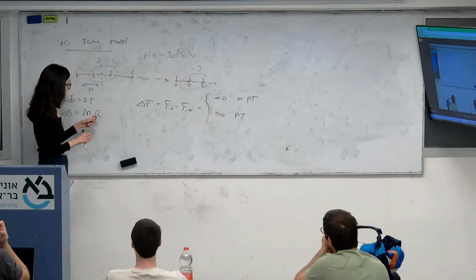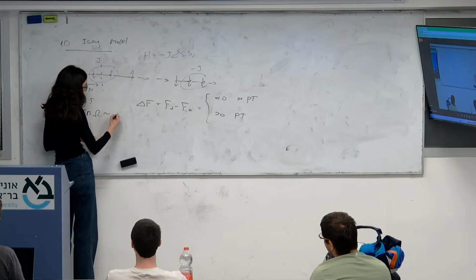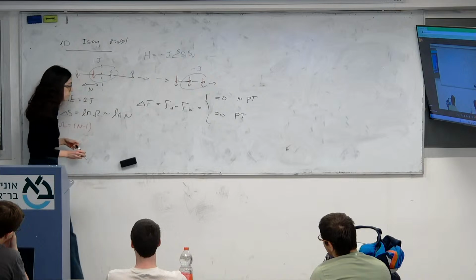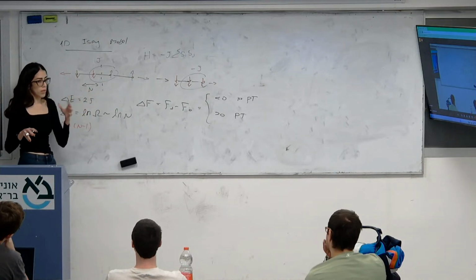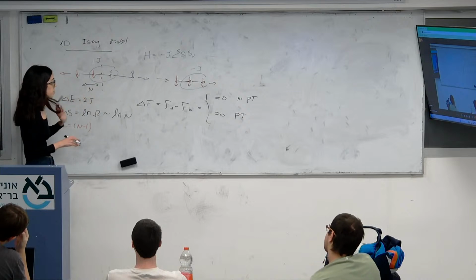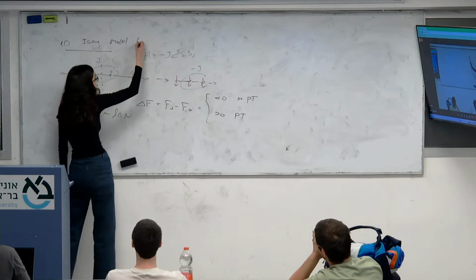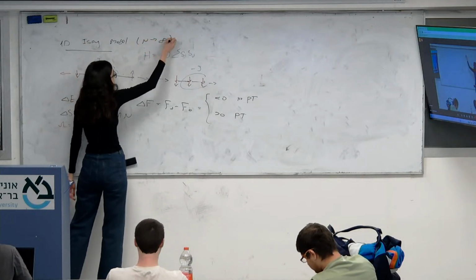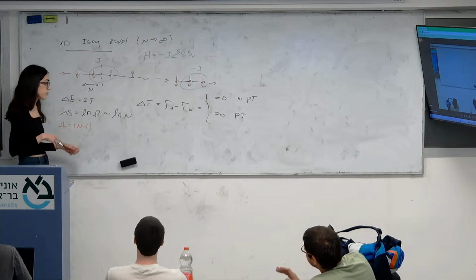The overall number of states is approximately n, so the entropy is the logarithm of n. I don't know if I mentioned it in the beginning, but we are going to look at systems that are very, very big, systems that go to infinity. So n goes to infinity. This is very important. That's why I'm ignoring the 1.